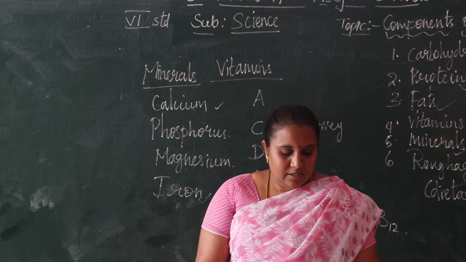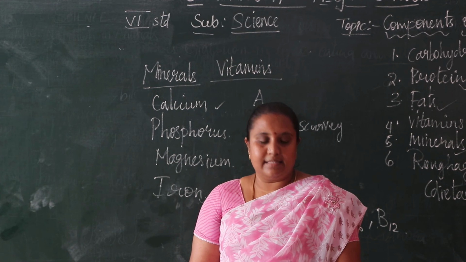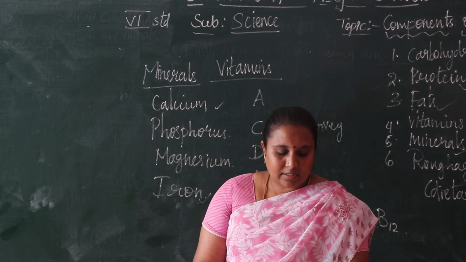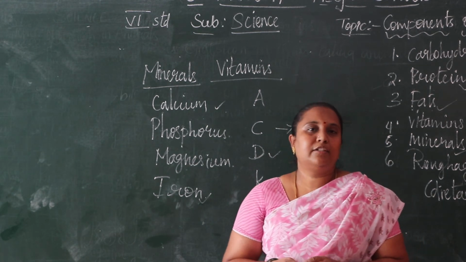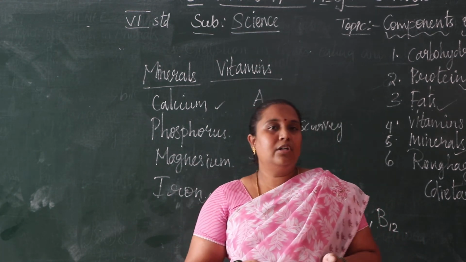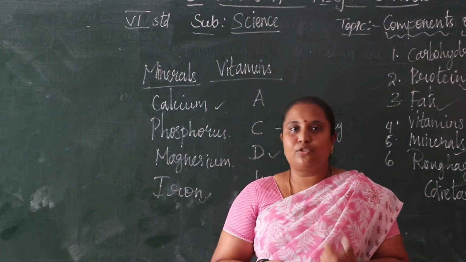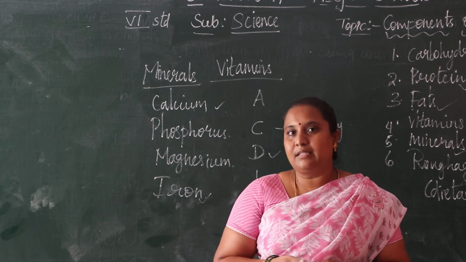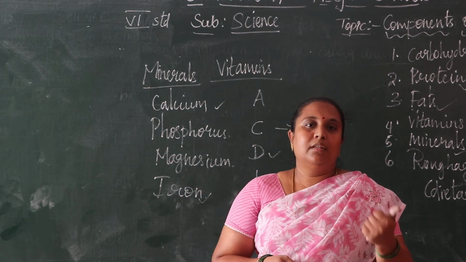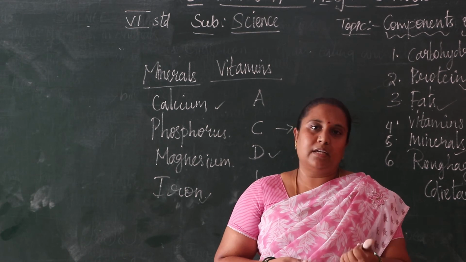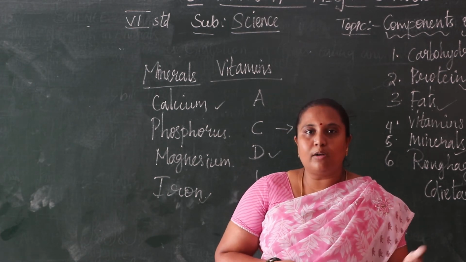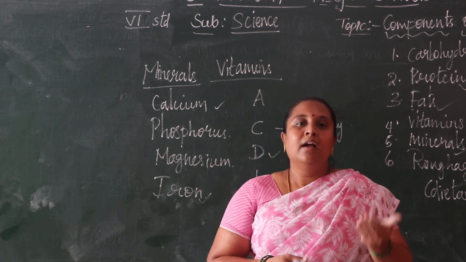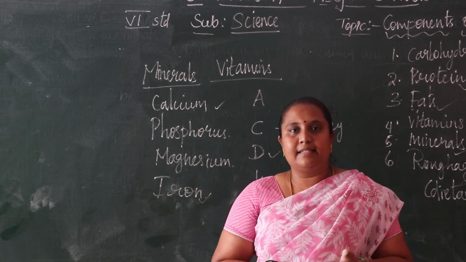And then deficiency diseases. What is meant by deficiency diseases? If a person gets the correct food, then only the person is healthy and strong. Till now we discussed that only. If the person is not getting the correct quantity of food, less in vitamins or carbohydrates or proteins, it may cause diseases.